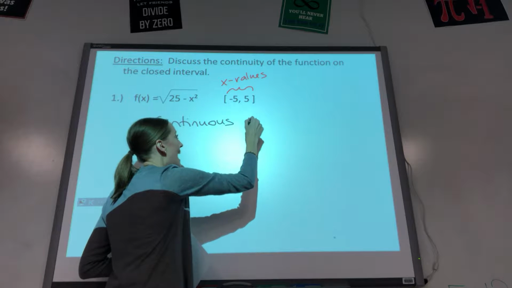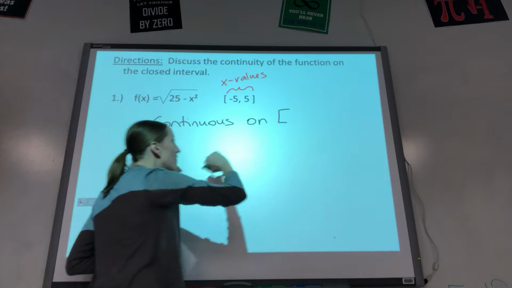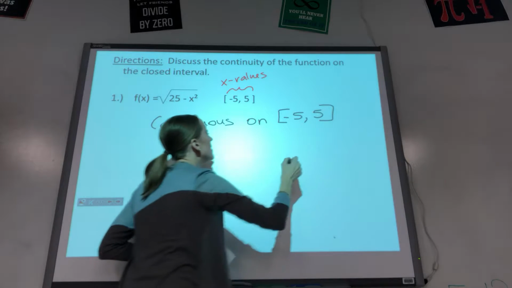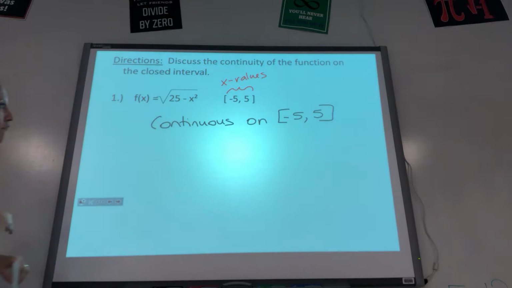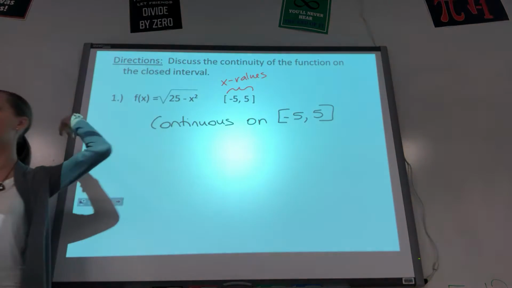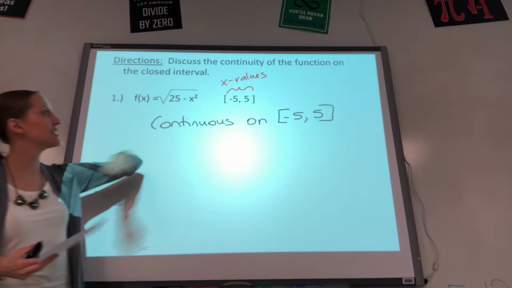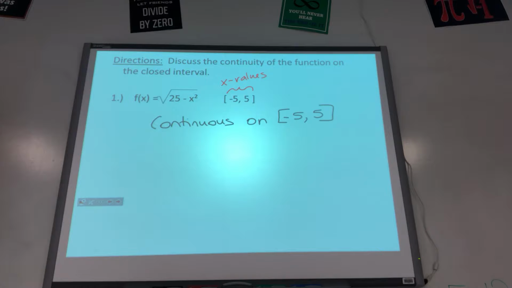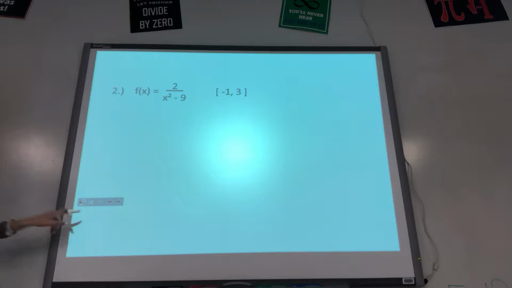Let's go ahead back and say specifically that it's continuous on the interval -5 to +5. That was what we were looking at anyway, but if we say continuous everywhere, it might seem like it's continuous for all x values. It's only continuous for those. Okay, now we're going to try some more here where there might be issues.